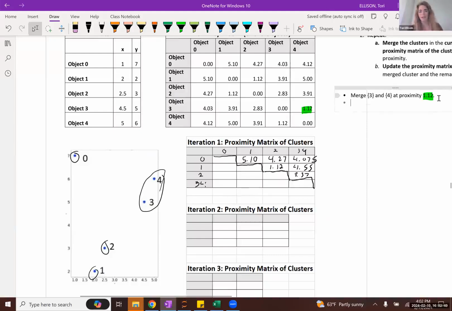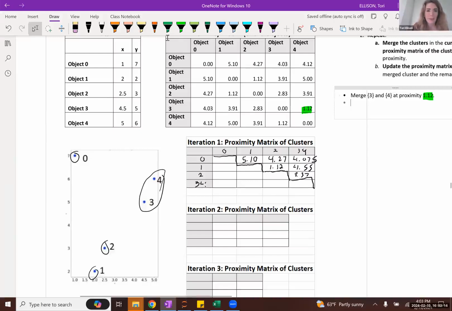And so the next step is to figure out what two clusters based on this proximity matrix are closest, or in other words, what two clusters we should merge next. So what two clusters are merged now? Yep, it's 1 and 2.